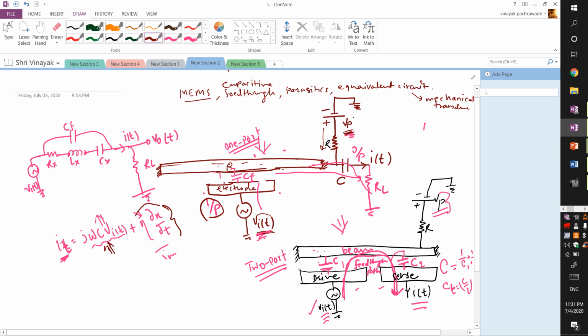In the one port combination we have this capacitance CF, which is larger. However, because of the splitting of these electrodes from 1 into 2, the effective capacitance goes down. So we have the benefit of reducing the output current component due to feed through in the two port combination.